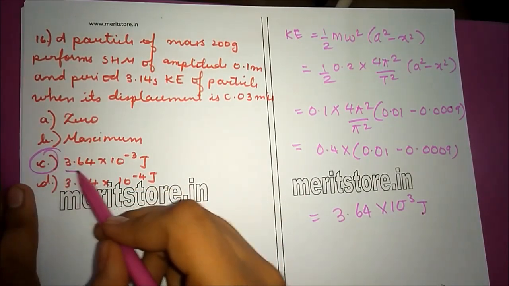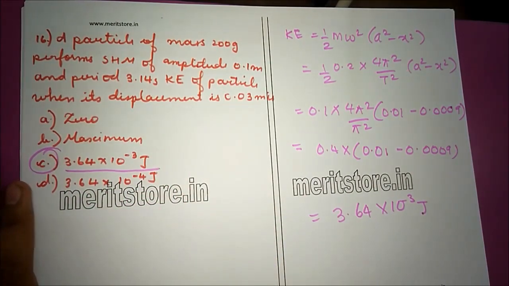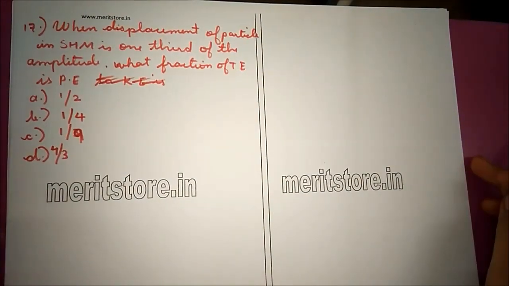So option C, 3.64 into 10 raised to minus 3 joules is the correct answer.